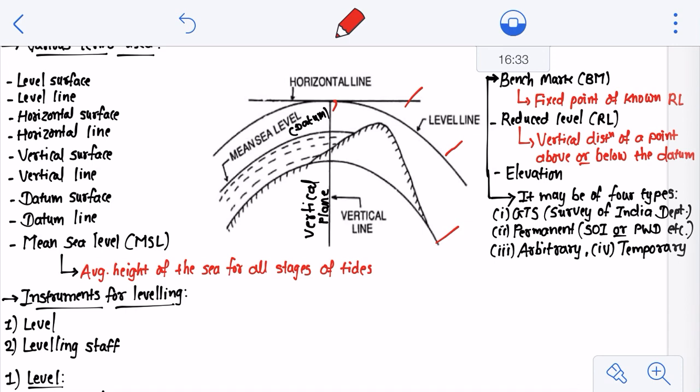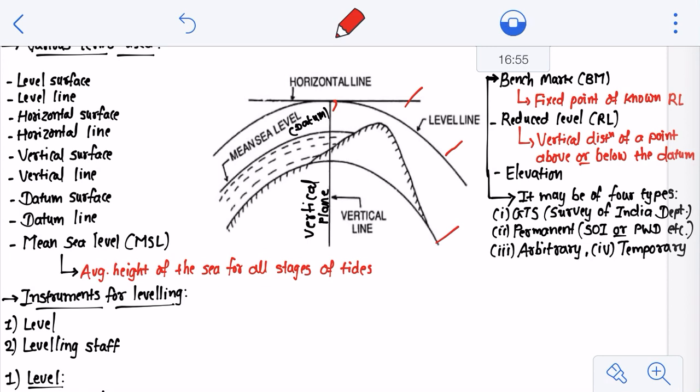So what does it mean? Let's say if you talk about our country, India. India takes the sea near Mumbai as its datum for calculation of reduced levels. We have different places in the respective areas of the country. At the same time, you can talk about other countries as well. Let's say the neighborhood country, Pakistan. Pakistan takes sea near Karachi as its datum.